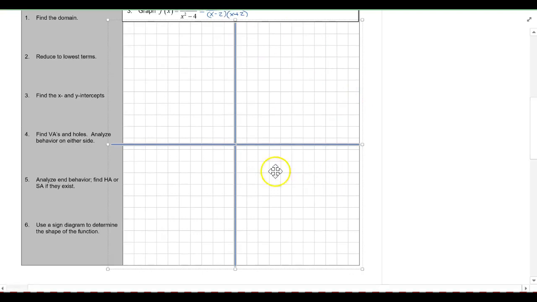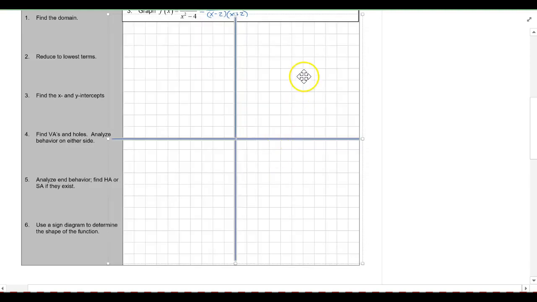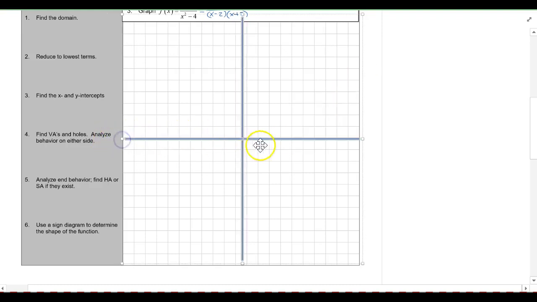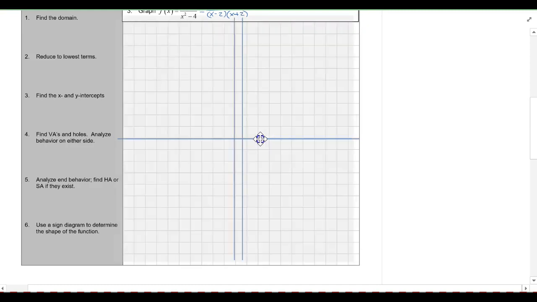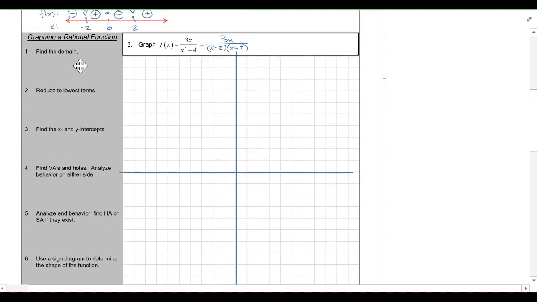And shift that a little bit so we are lined up on the graph paper. There we go. Okay, so I got my x and y axes. That's great. I would like to shorten that up a little bit.